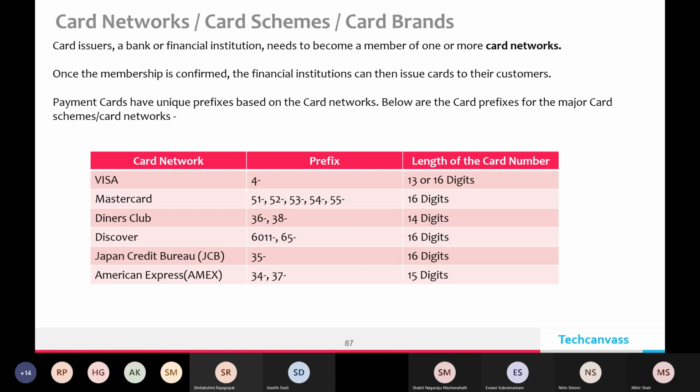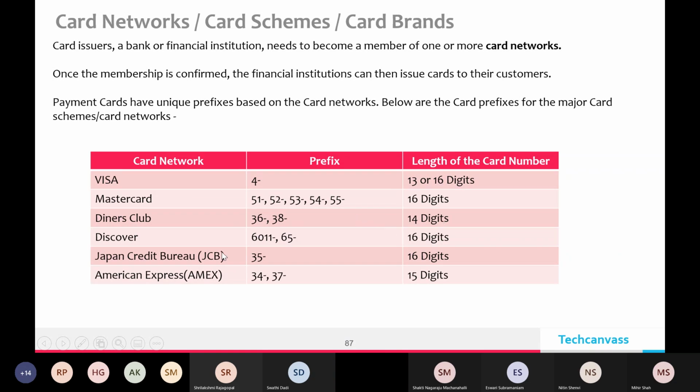So when you see a card number starting with 4 or 5, that means it is issued by a financial institution. If the card number starts with 3, then it is issued by the hotel industry. Diners Club is mainly for going to restaurants and spending there, so that's why you see 36, 38.